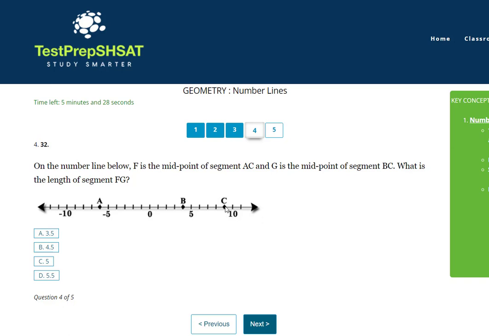So the midpoint of that is going to be the average of those. 9 minus 6 is 3 divided by 2. So the midpoint is 1 1/2. G is the midpoint of BC. Well, BC goes from 4 to 9. That midpoint is going to be 13 divided by 2, or 6.5. So between 1.5 and 6.5, that is the length. That length is 5.